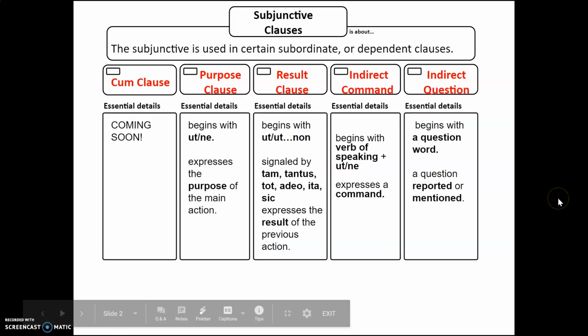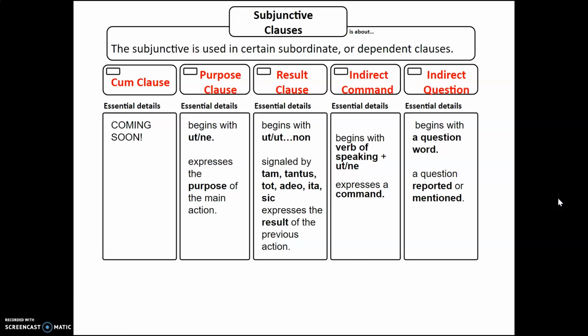All right, so first I wanted to give you guys an overview of all of the subjunctive clauses that we've learned. We've learned the purpose clause that expresses the purpose of the main action and begins with ut or ne followed by a subjunctive verb.